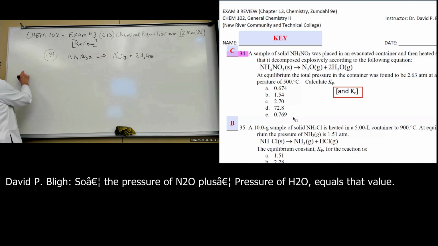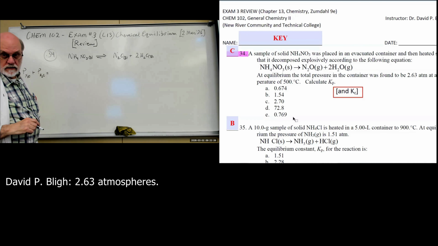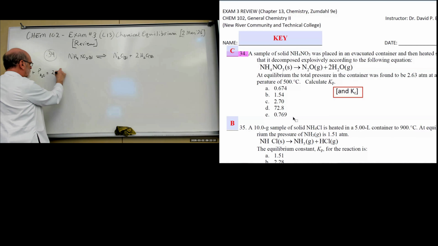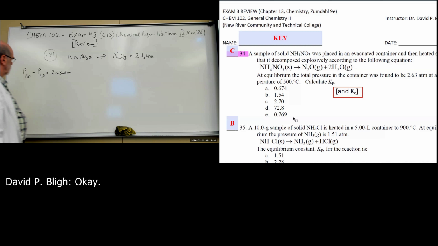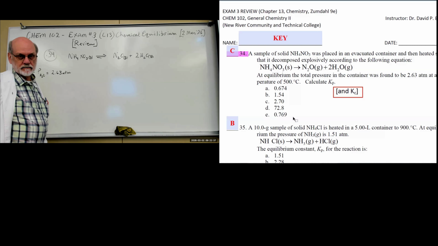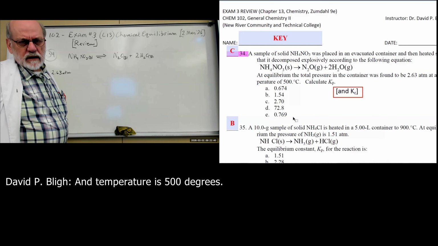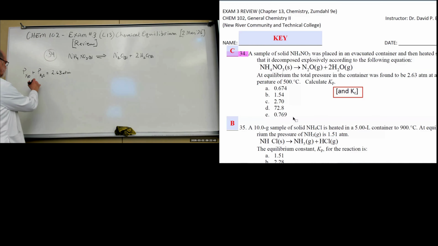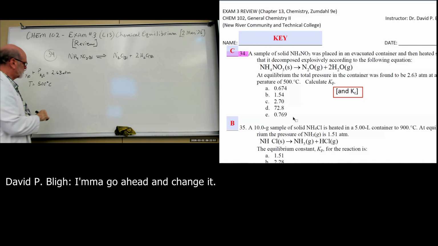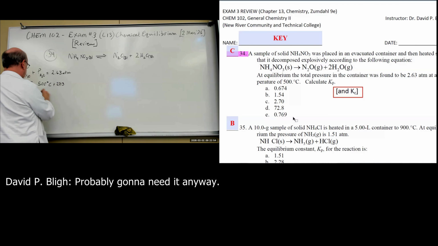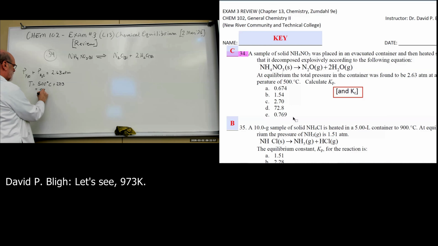So the pressure of N2O plus the pressure of H2O equals that value, 2.63 atmospheres. Okay. So far, that's what's given. And temperature is 500 degrees C. All right. I'm gonna go ahead and change it. Probably gonna need it anyway. Let's see, 973 K.